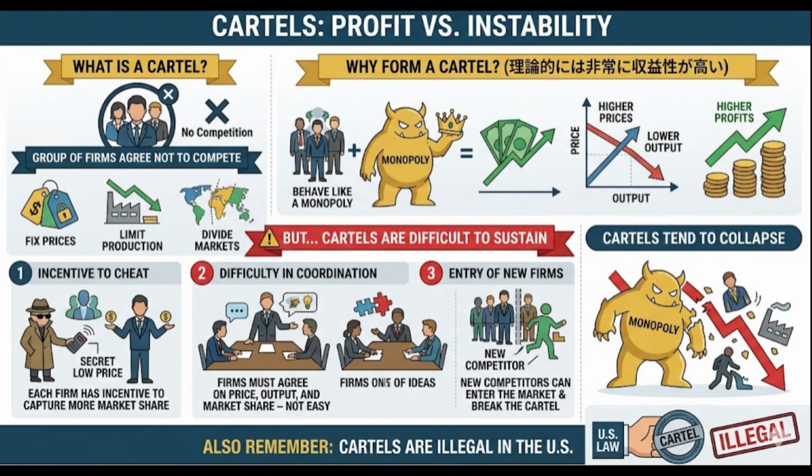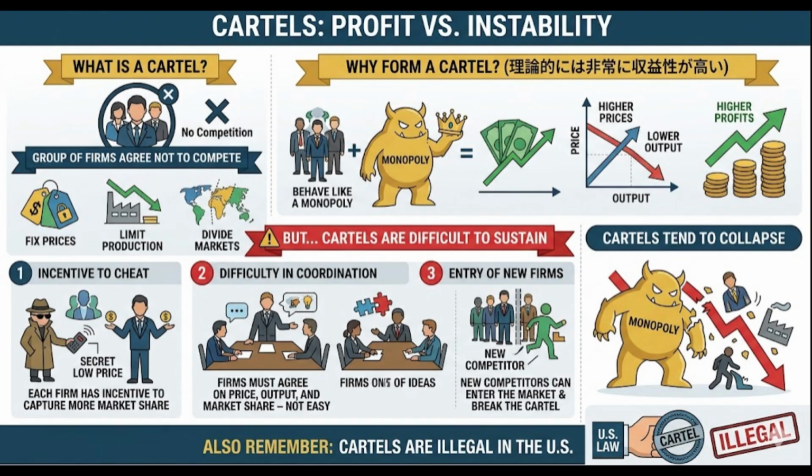Let's start with the cartels. What is a cartel? A cartel is a group of firms that agree not to compete. They may fix prices, limit production, or divide markets. Why would firms do this?